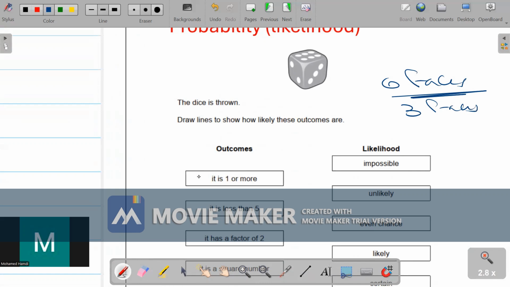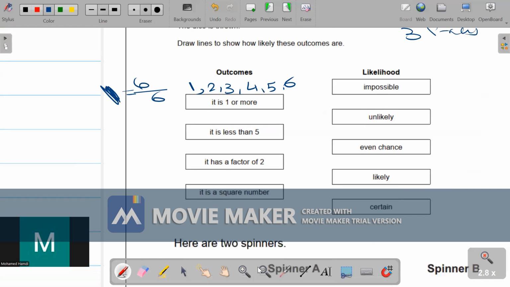What is the probability of getting one or more? How many faces show one or more on the dice? So 1, 2, 3, 4, 5, 6. You will find that we have 6 faces out of the 6, it means all the outcomes. 6 out of 6 equals 1 whole. So it's a certain event.